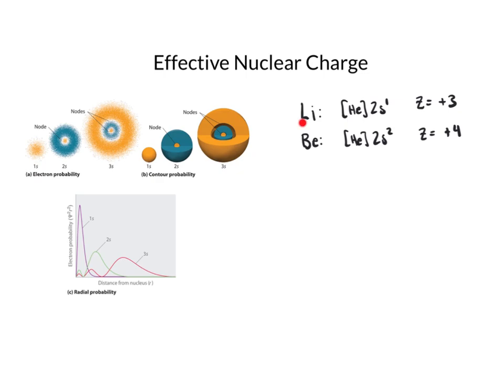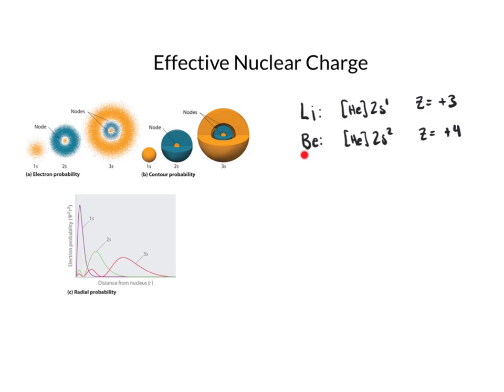So if we think about lithium, which has an atomic number of 3, so it has a positive 3 charge in the nucleus, and it has an electron configuration that has 2 electrons in the 1s orbital and 1 electron in the 2s orbital.